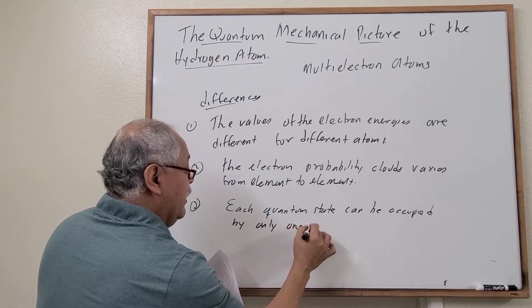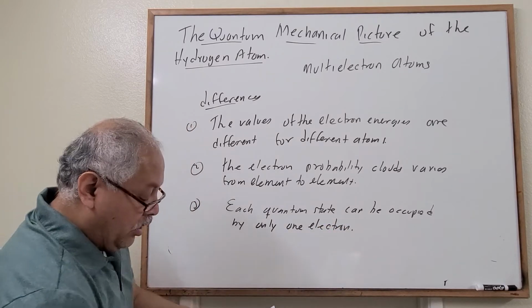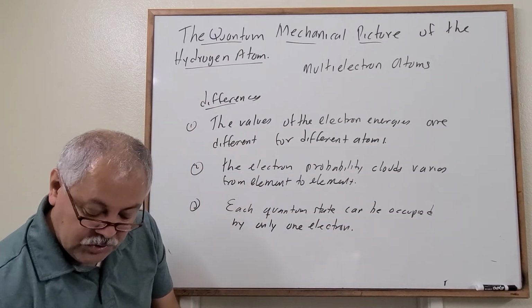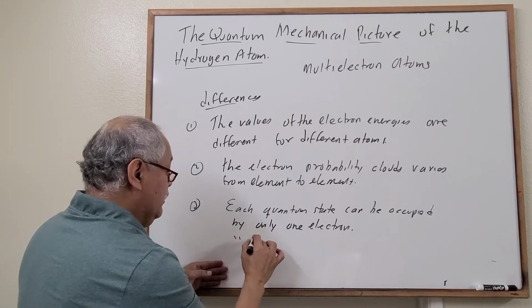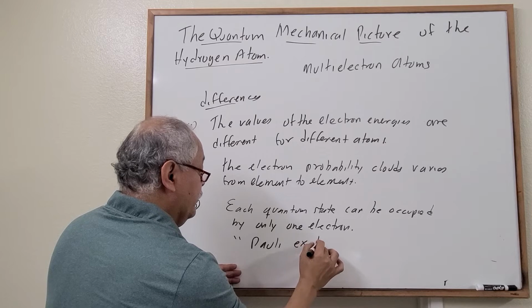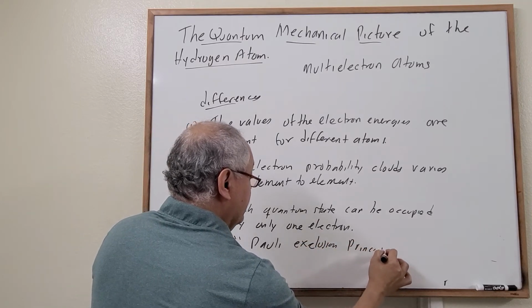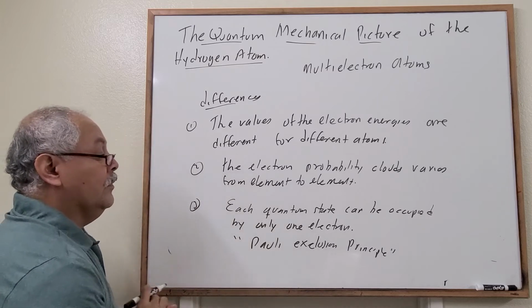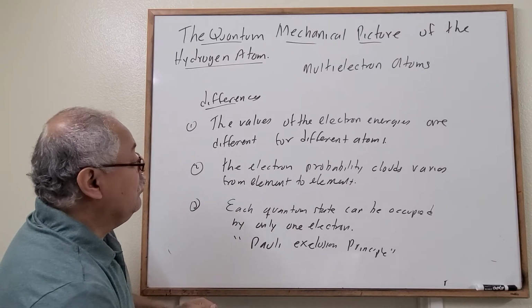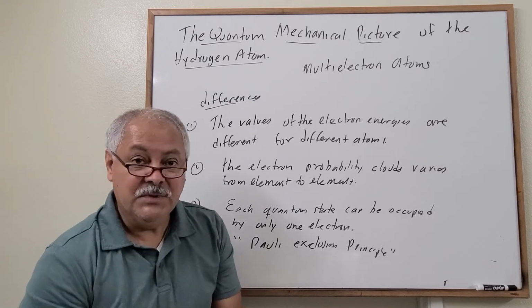Only one electron. This is called the Pauli exclusion principle. Only one electron can be in one quantum state.